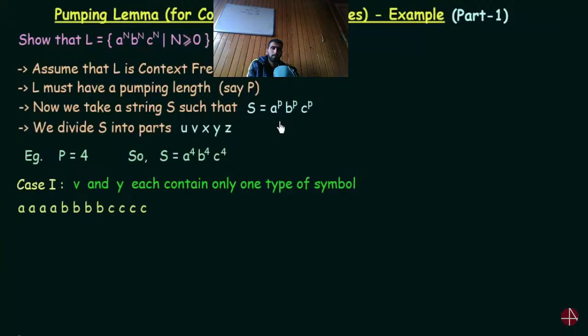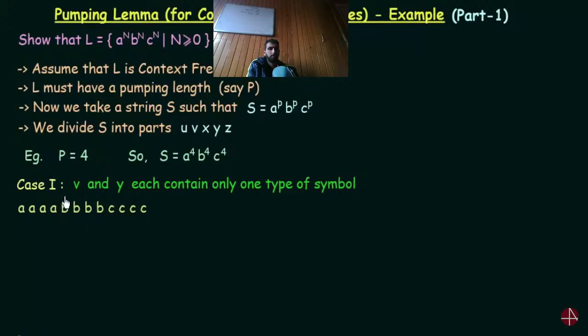So we have the string a^P b^P c^P, and all the P's I replace with 4. So I have my string of the form a^4 b^4 c^4. Our next step is to divide the string S into parts u, v, x, y, and z. Let's see how we can divide it.